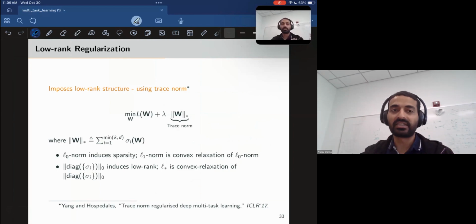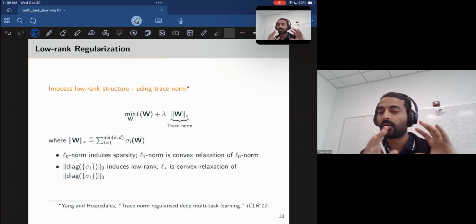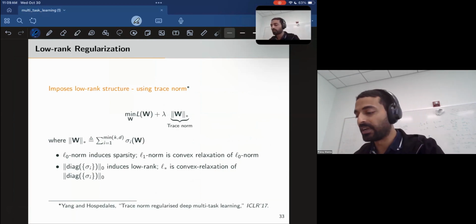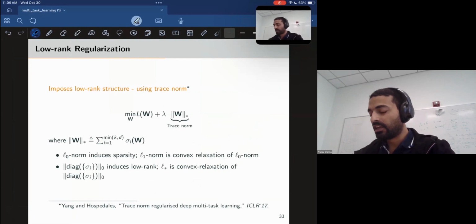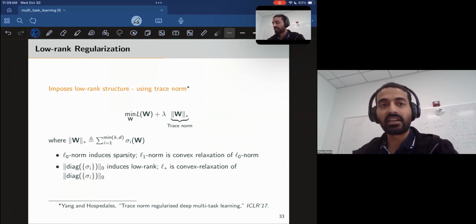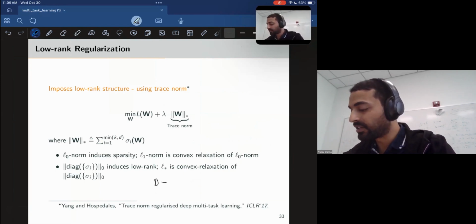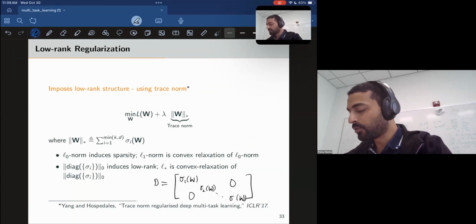Now, let's move on to matrices. So L0 norm, L1 norm, we were talking about vectors. Let's move on to matrices. If we look at a matrix T, which has different singular values of the matrix W at its diagonal, right?